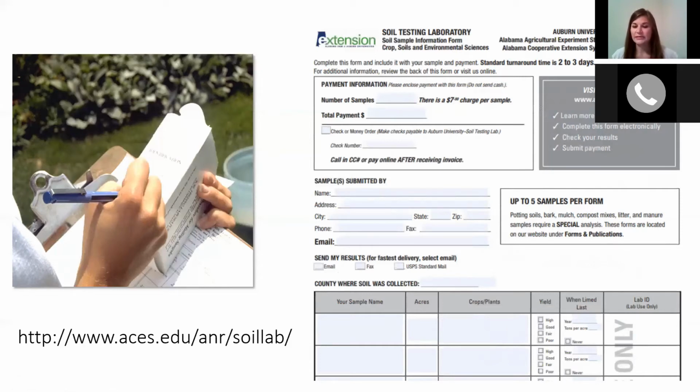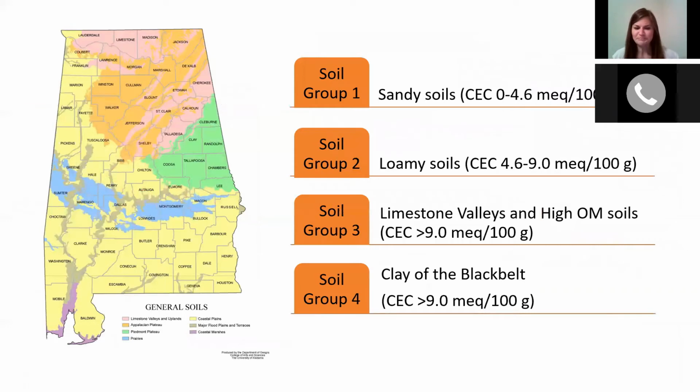And so for forages, it's important to distinguish whether those are going to be managed as pasture or as hay, because again, those nutrient recommendations will be different. As I mentioned earlier, sampling different soil types is important because our recommendations will be different.